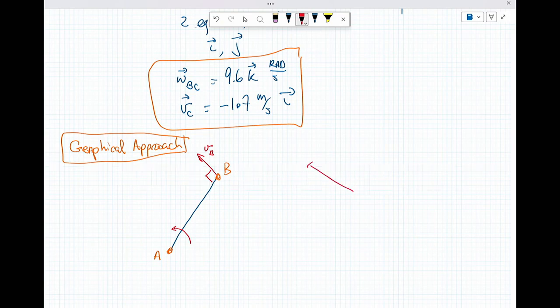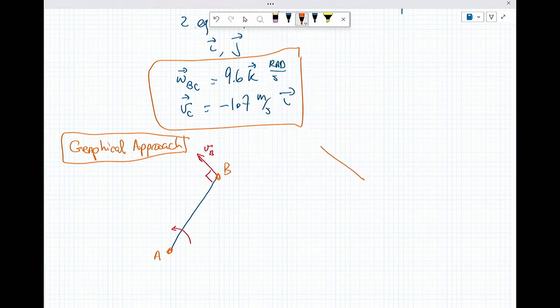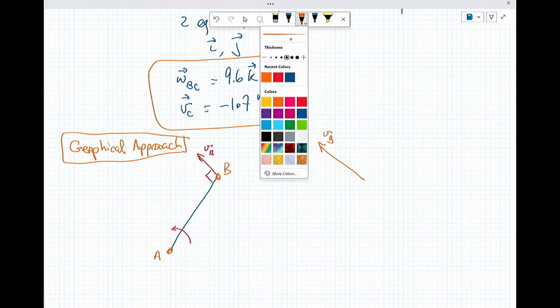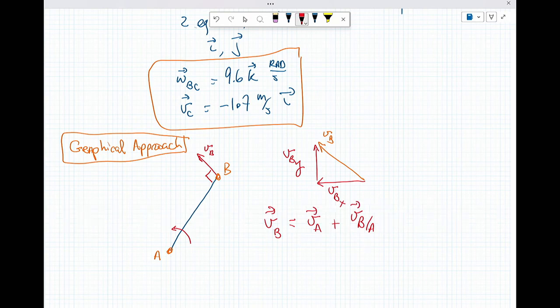So I have velocity of B, and it's going to be velocity Bx, velocity By, and I can do the same thing as I did with my vector solution and write all of the terms out.